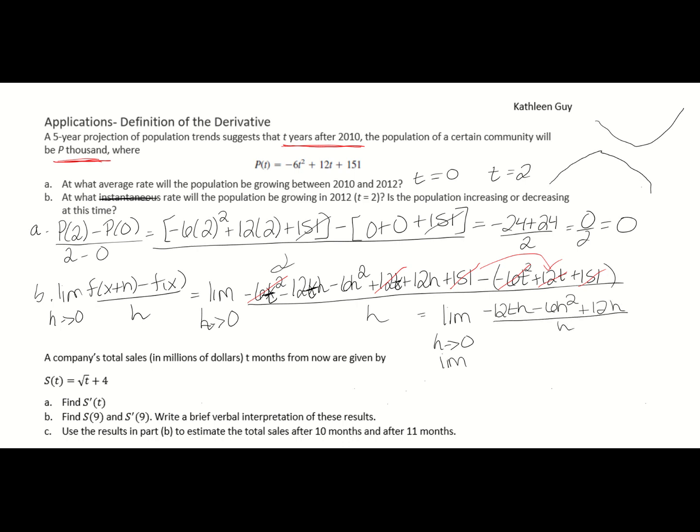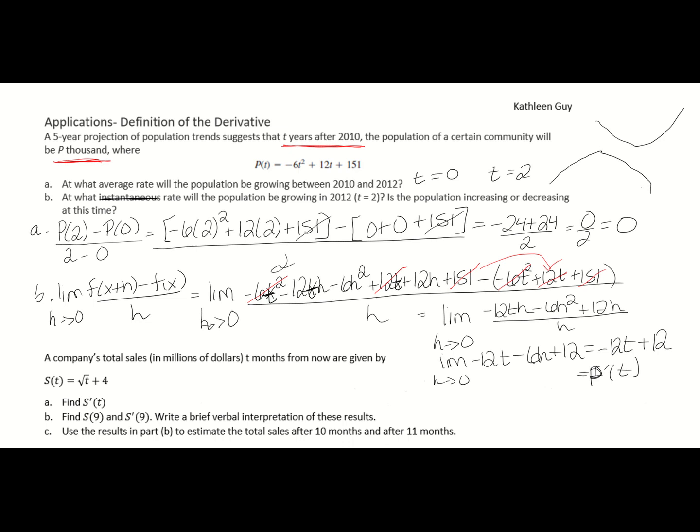And this becomes the limit as h approaches 0. Everything has an h at the top, so negative 6h plus 12. And when I plug in h equals 0, which I can because now it's a polynomial, I get 12. Overall, I get negative 12t plus 12. And this is my p prime of t, for population.